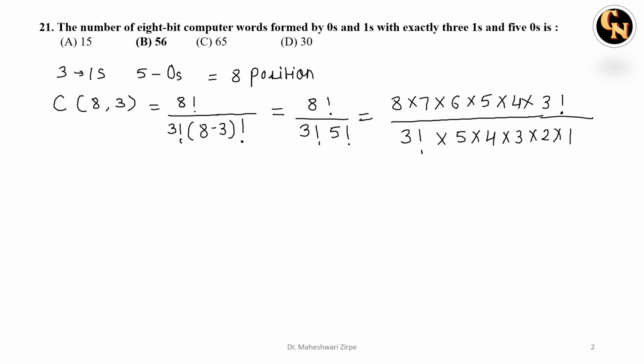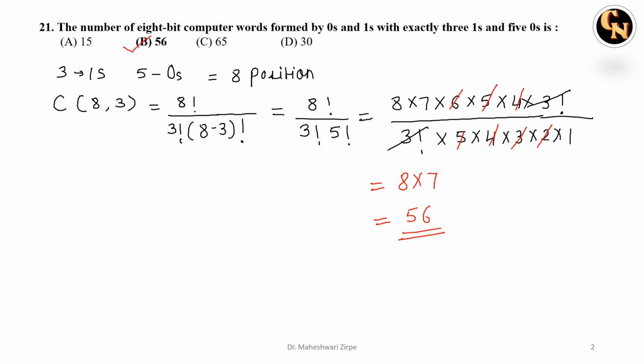You could have written 5 factorial as it is and cut it, but here we will cut first 5 factorial. 5 factorial gets cancelled out, then 5, 5, 4, 4, 6, 3 and 2 also get cancelled, so we remain with 8 into 7. So 8 sevens are 56. So the correct answer is 56, that is B.